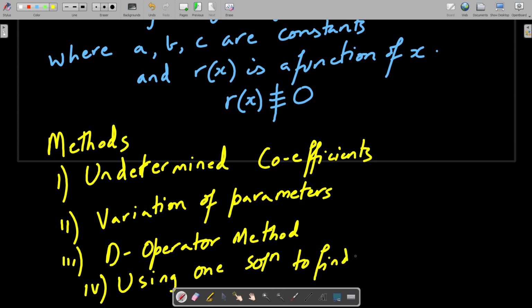We are given one solution of the differential equation, and you can use that one solution to find another solution. So these 4 methods will be covered in this course. There are many more methods, but we will be studying only these 4 in this paper.